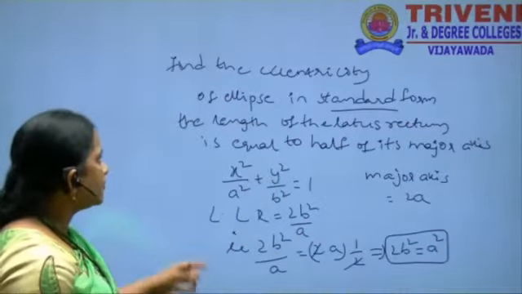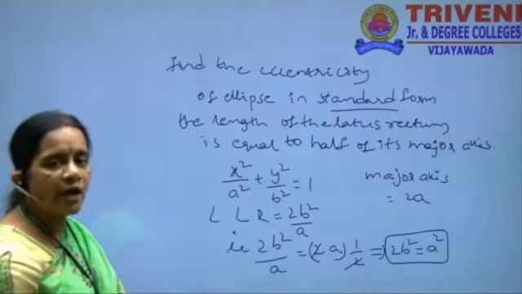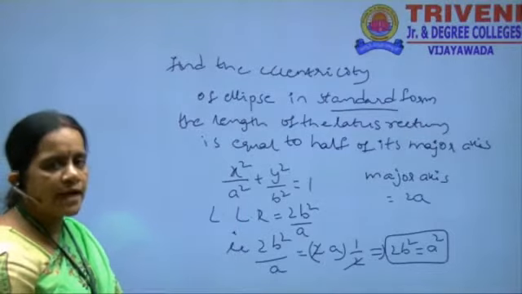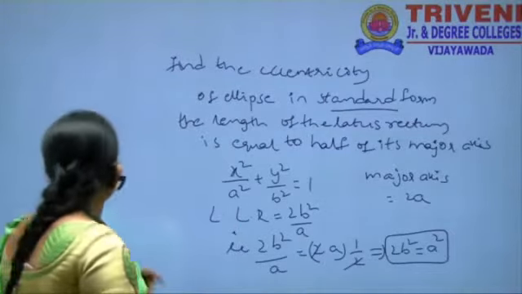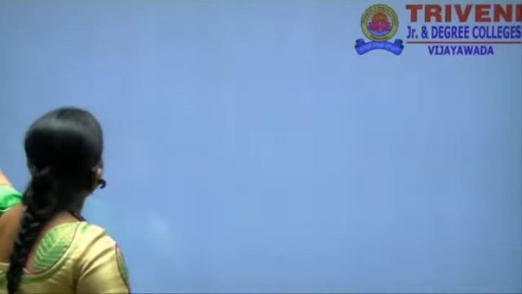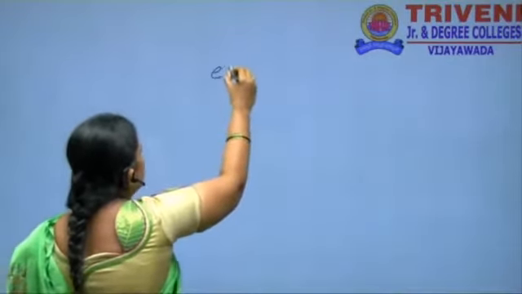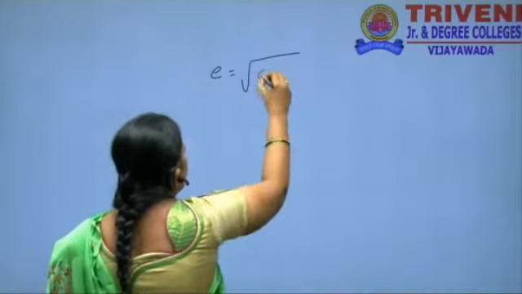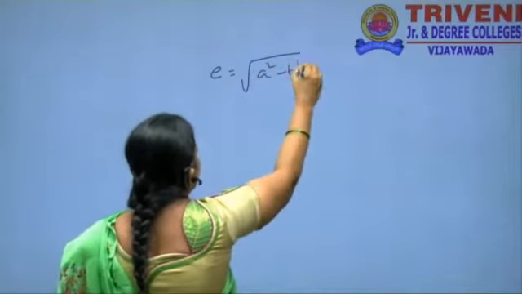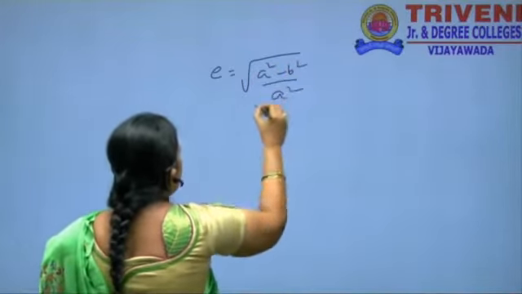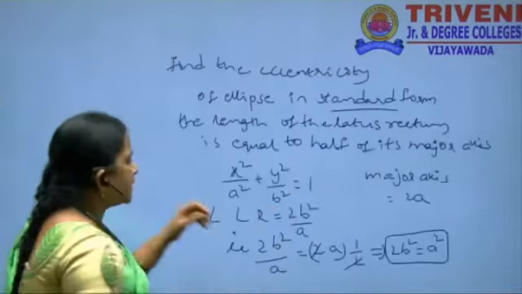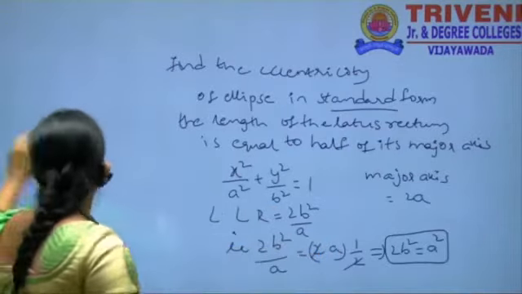Then what we have to find here? Eccentricity of the ellipse in the standard form. That is e is equal to, what is the formula here? Square root of a square minus b square by a square. Already you know the value of a square is 2b square.